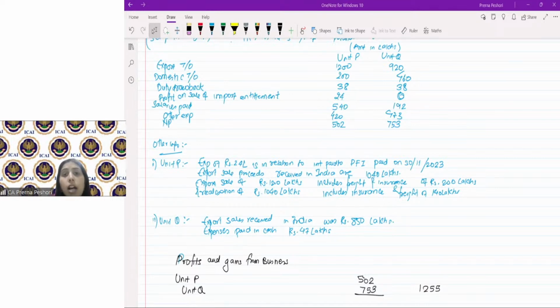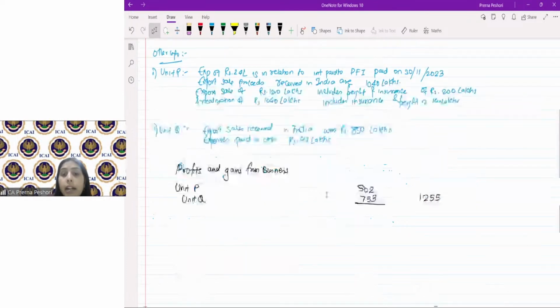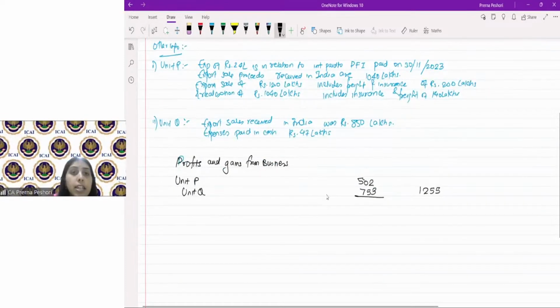Under which section? At least tell me the section now. Yes, Janvi, not allowed. Under 43B. Why? Because it is paid after the due date of filing of return of income. So how will it get allowed? It will not get allowed.